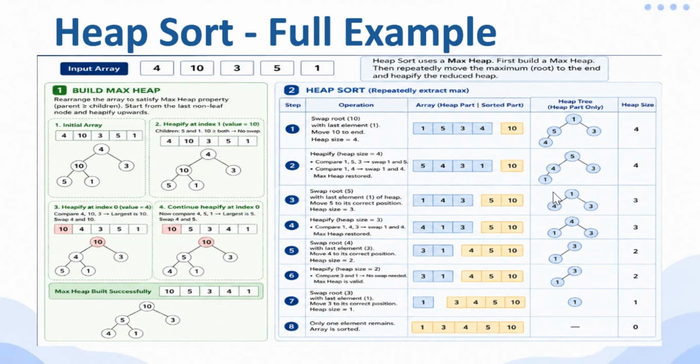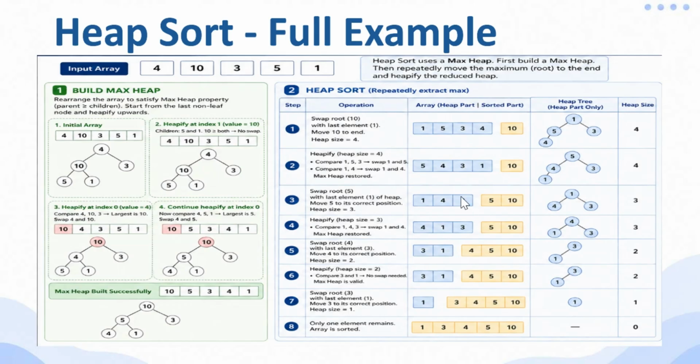So the heap becomes 4, 1, 3. Now the root is 4, so swap it with the last element in the remaining heap, and 4 is the largest.